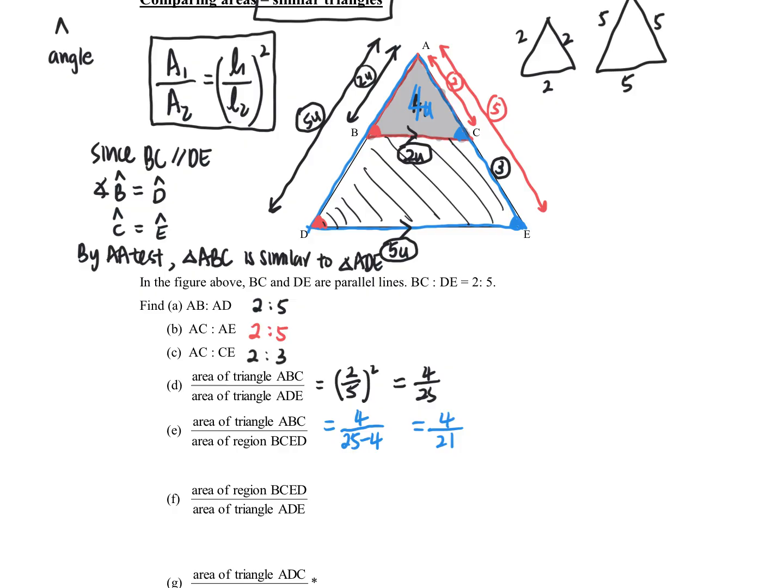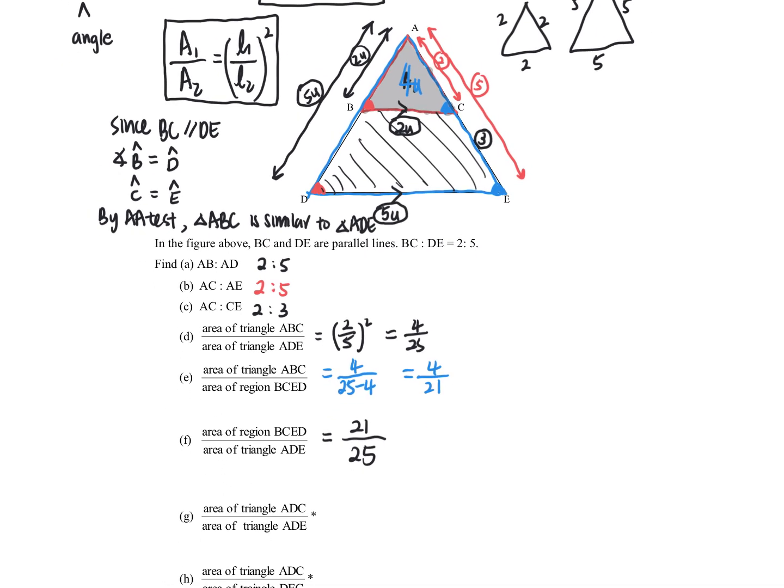What about the trapezium with the whole triangle? 21 out of the whole thing, 25. No matter which part they ask you, you need to ask yourself, is this common height or similar triangles?